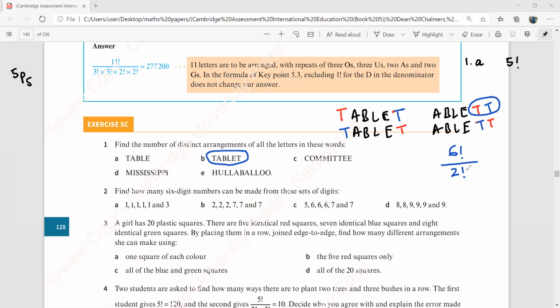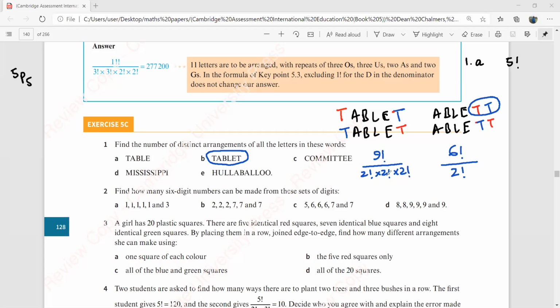Okay, now tell me how many distinct words you will have in this part C. 9. 6, 7, 8, 9. So that is going to be 9 factorial divided by, there are 2 M's, there are 2 T's, and there are 2 E's.